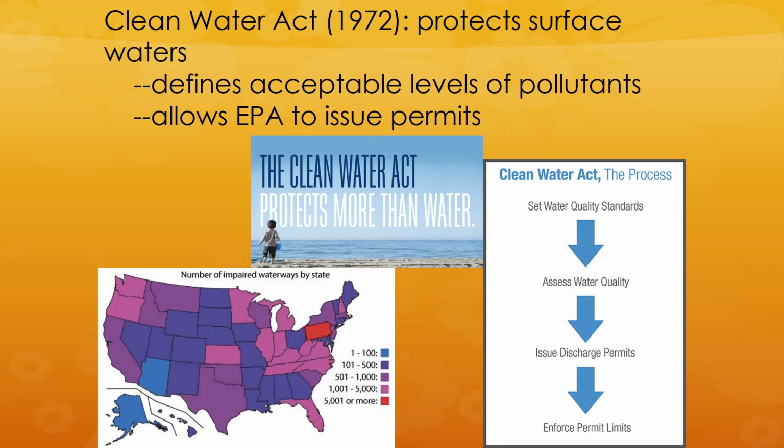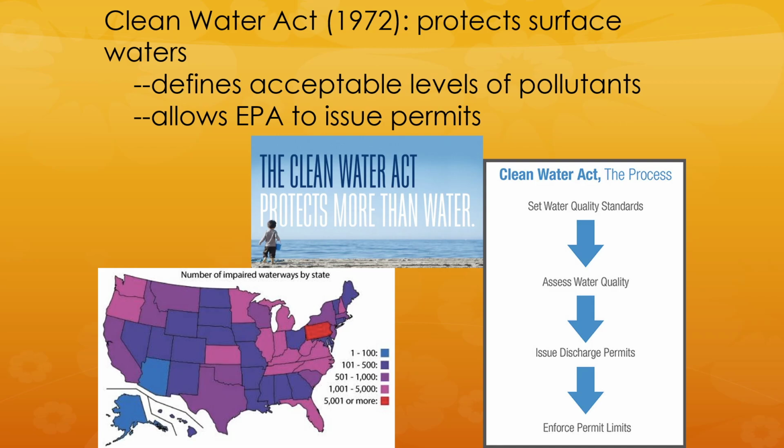We watched a video in class about the water in the Ganges in India, and that's an example to show you of where there is not as much regulation on clean water. But essentially, the Clean Water Act set up acceptable levels of pollutants and allows the EPA to issue permits to those who can directly pollute and how they pollute.